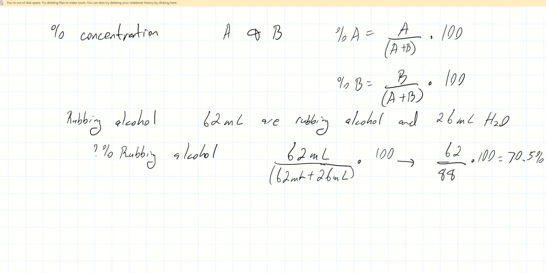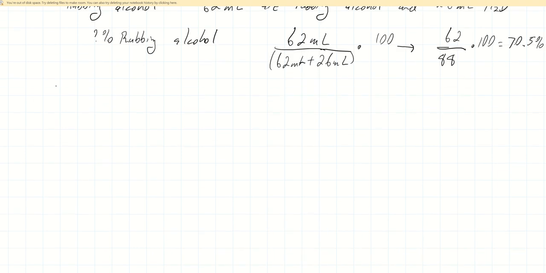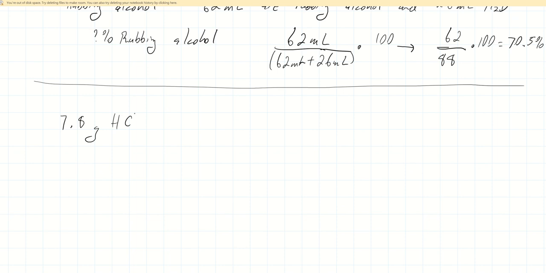So let's do one more. Let's say that I have 7.8 grams of HCl in 73 grams of water.